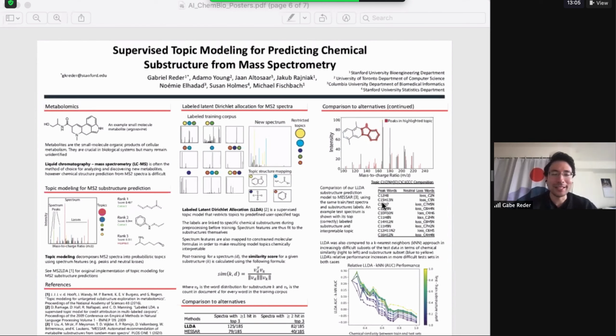I want to know if these structures are present in my new MS2 spectrum. Given a training corpus of labeled MS2 spectra, whose structure you do know, and therefore you have your substructure labels, you can still do a topic decomposition in the same way, where you get probability scores for each one of your topics for your new unknown spectrum. And you can look at the feature composition of these topics.